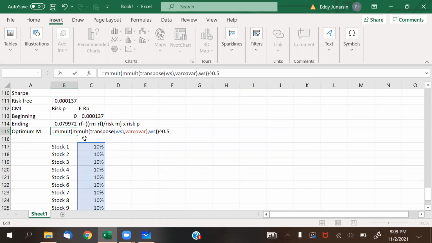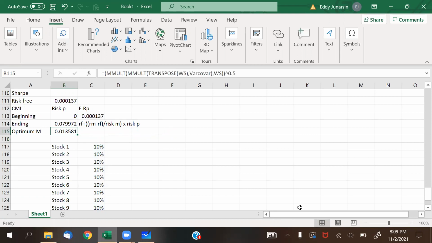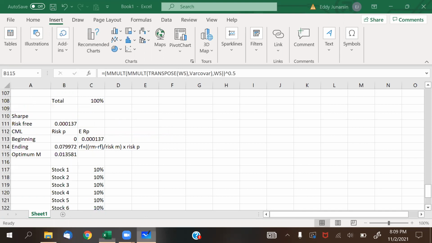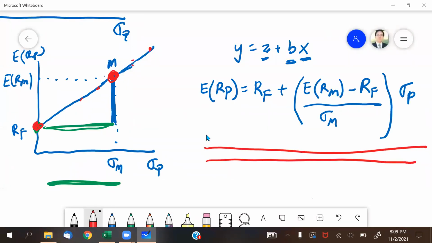Oh, I have to check. Okay, mu transpose WS, the weight, times the covariance times WS, to the power of half. Yeah, so this is the optimum risk, the risk of the market portfolio.